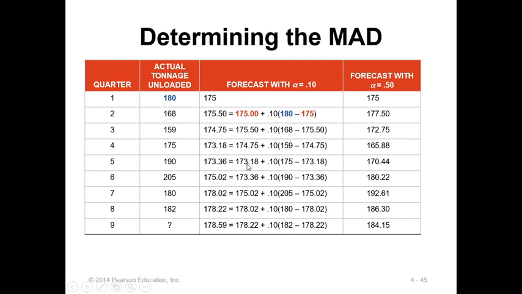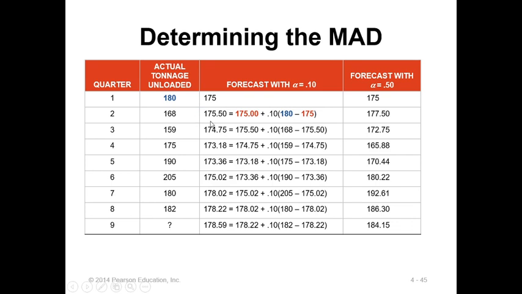Now, as you can see, if we apply the exponential smoothing method to calculate the forecasted value, for example, demand for quarter 2, we take the forecasted value for quarter 1 plus alpha, which is given as 0.10, multiplied by actual value minus forecasted value, as we applied a while ago.